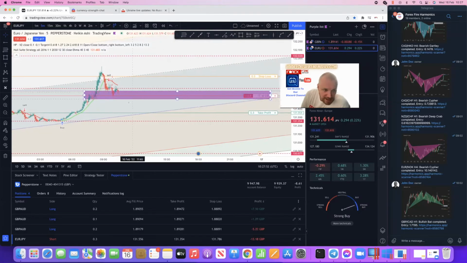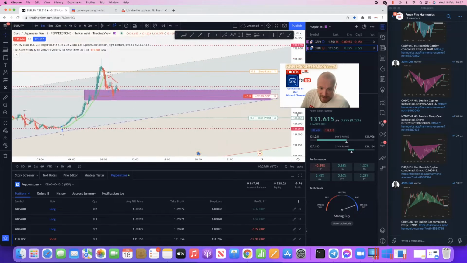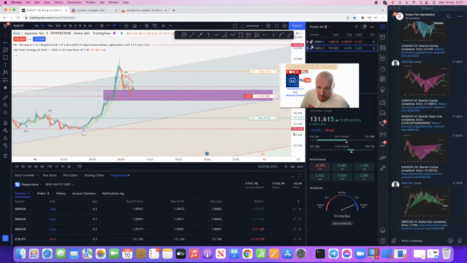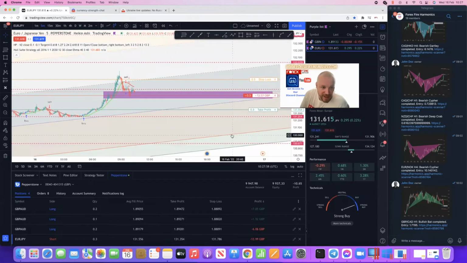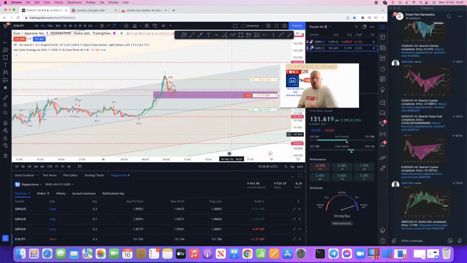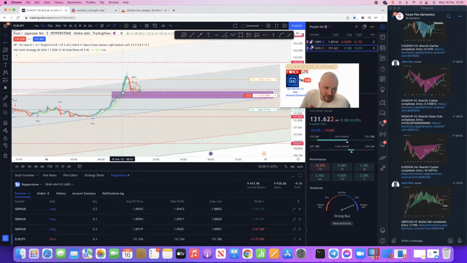Hopefully we'll come back on to taking some profits. The currency strength that I was going off this morning at, was it 20 to 9 or something, the euro was really strong. That's what caused this initial push up. It was around about just after this bit here, there was a spike on the euro against the JPY.